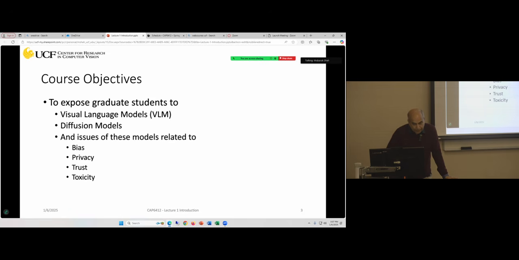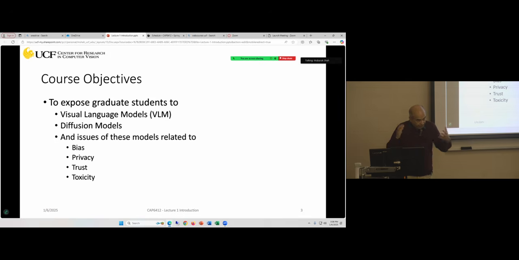Since these models are being used in real life, it's actually making a lot of difference. It's impacting society. So now we have to address issues related to bias, privacy, trust, toxicity, and lots of these things, that they are fair, they are legal, and all kinds of issues.